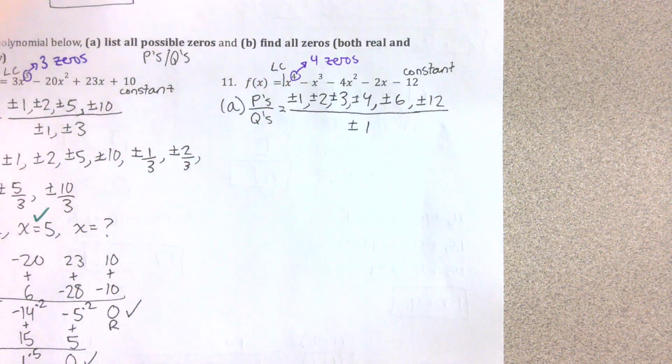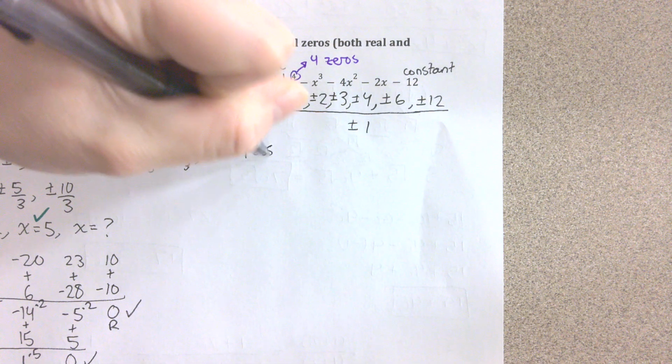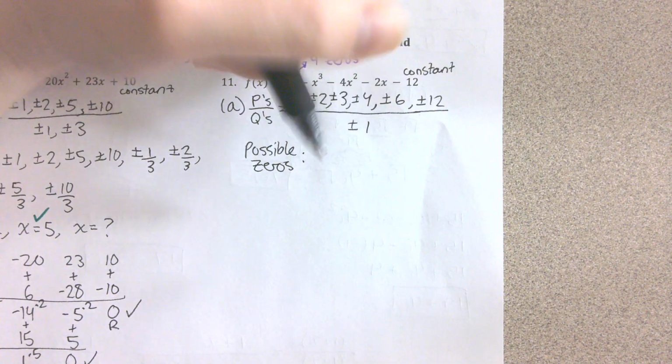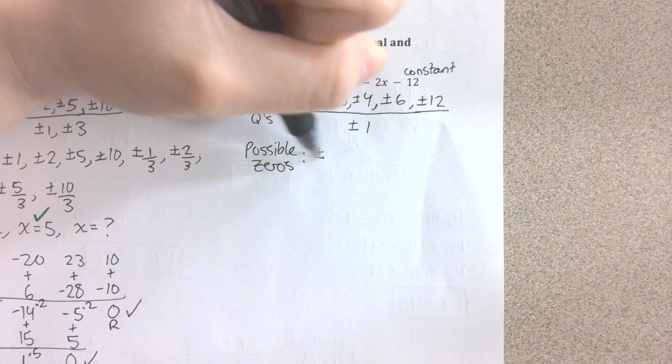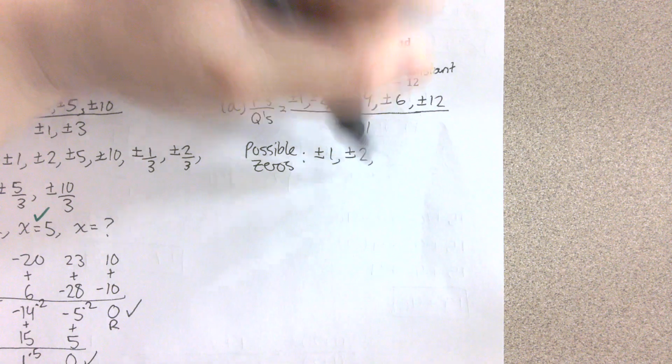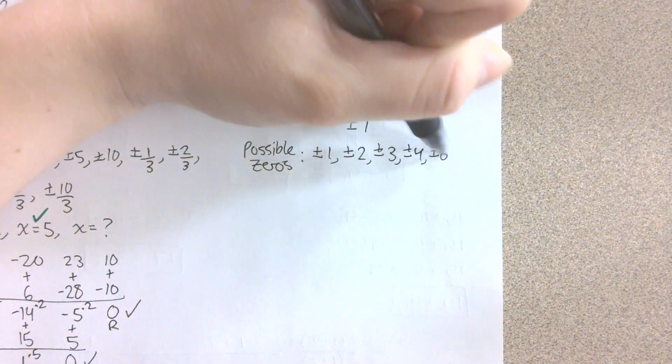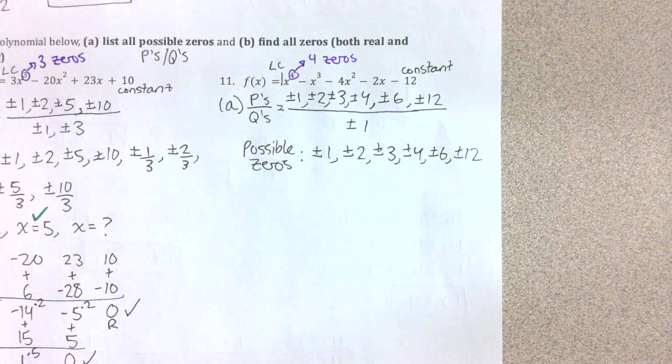That's just going to be itself. So all of our possible zeros are actually just the top numbers here. So I'm just going to repeat that list. Since it's all over 1, it's just the whole numbers. Plus or minus 1, plus or minus 2, plus or minus 3, plus or minus 4, plus or minus 6, plus or minus 12.